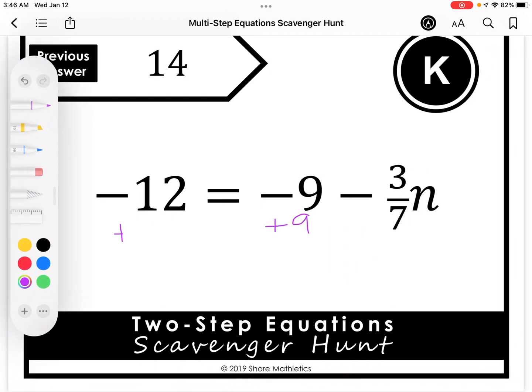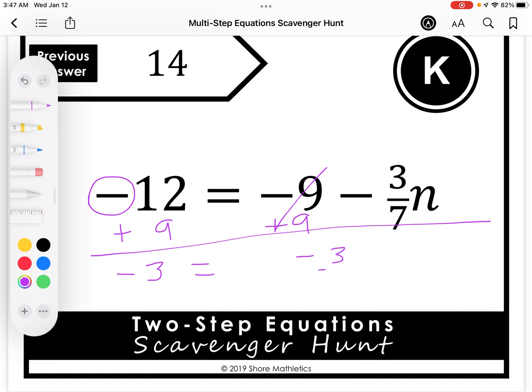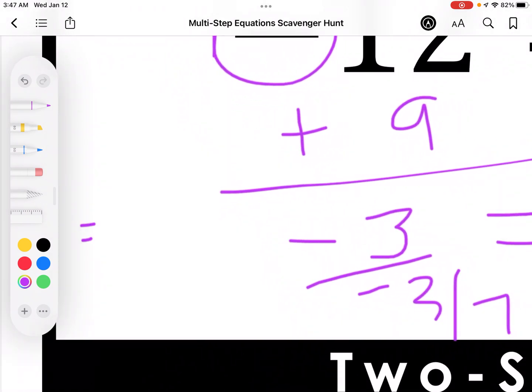Make a 0 pair. Signs are different, so I'm going to subtract, and I get negative 3 because there are more negatives than there are positives. Divide by negative 3/7. So n equals negative 3/1 divided by negative 3/7.